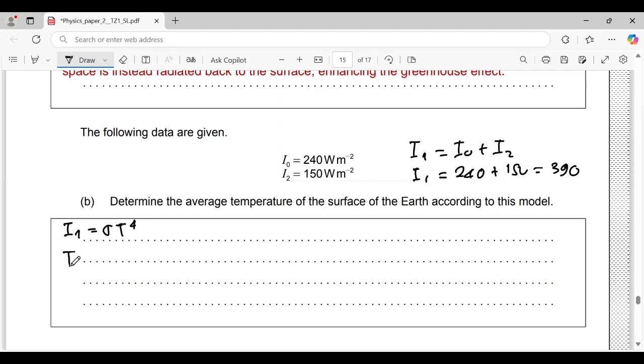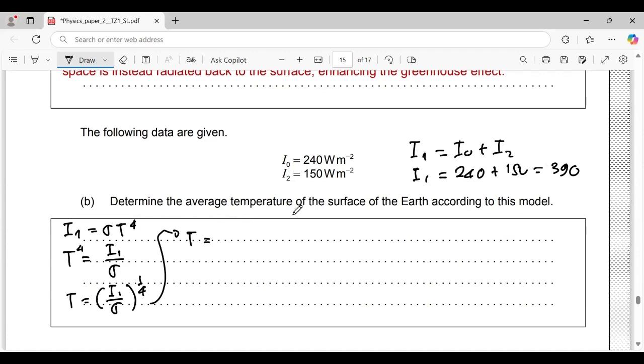So it means T to the power 4 is I1 over sigma, or T equals I1 over sigma, to the power 1 over 4.